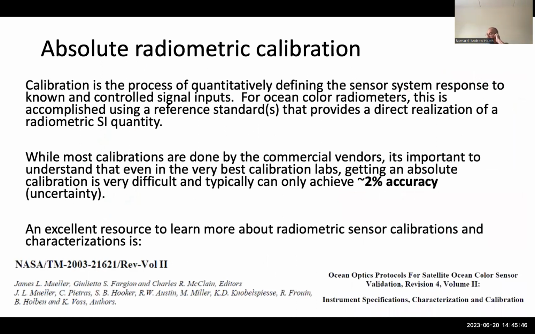So now that we know what all these instruments look like, we need to figure out how to calibrate them as accurately as we can. Calibration is just the process of quantitatively defining the sensor system response to known and controlled signal inputs. For ocean color radiometers, this is usually accomplished using a reference standard or standards that provide a direct realization of the radiometric quantity in SI units.